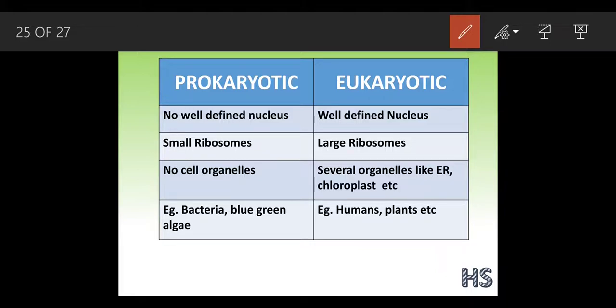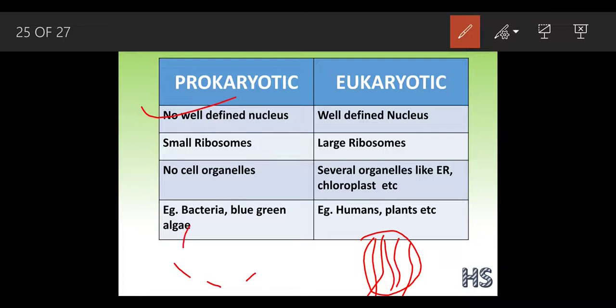In prokaryotic cells, there is no well defined nucleus. What does that mean? If you look at a diagram of a bacteria, we have said that inside the nucleus there are some chromatin fibers, but they do not have a well defined nucleus, or the nucleus is absent.